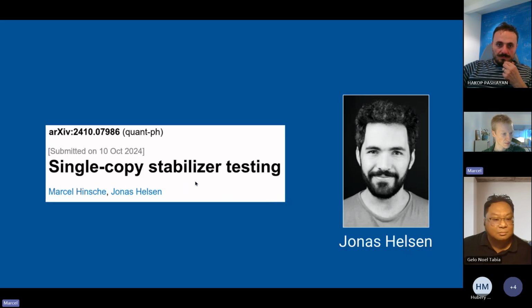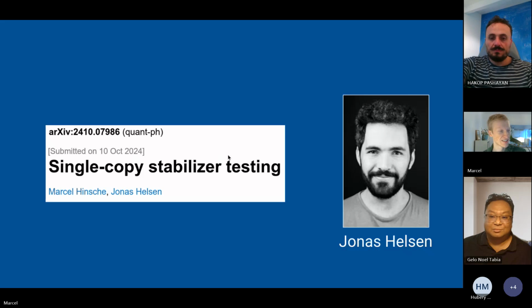So this paper on single copy stabilizer testing hit the archive on October 10th last year, so it's still pretty recent, and I haven't given this talk to anyone else yet, so you're basically also having to indulge me for the first time. Let's see how it goes.